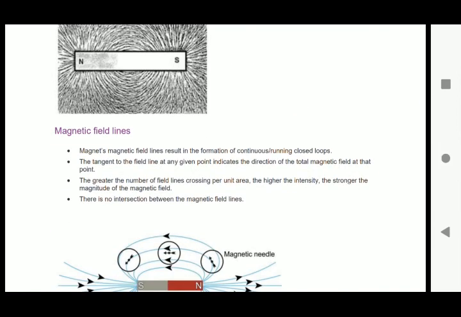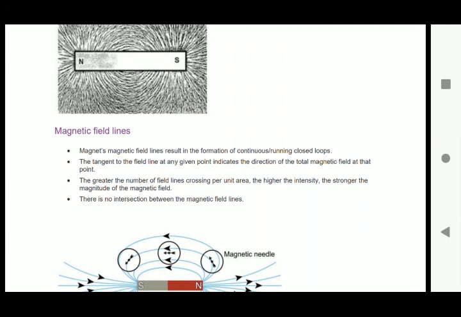That means the intensity of the magnetic field is more at the poles and less at other places. Third property is the magnetic field lines do not intersect one another. You can see these magnetic field lines are not intersecting each other.